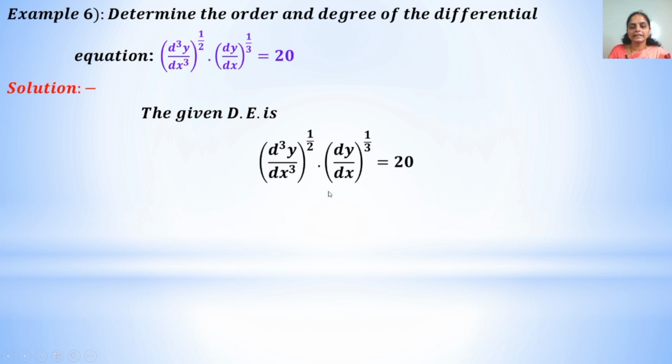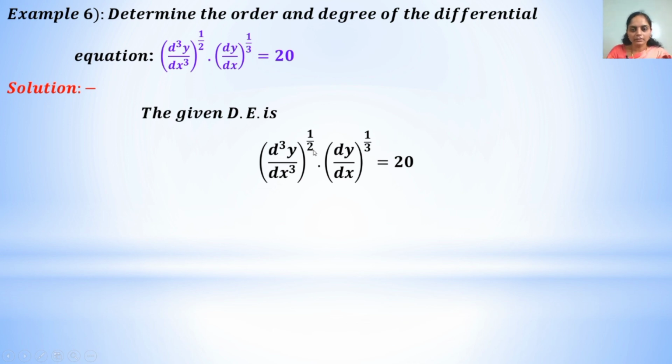We know that in differential equation, to find degree of the differential equation, we have to make the differential equation free from negative indices and fractional indices. Now, in this equation, there are fractional indices 1 upon 2 and 1 upon 3. We make this differential equation free from these fractional indices.